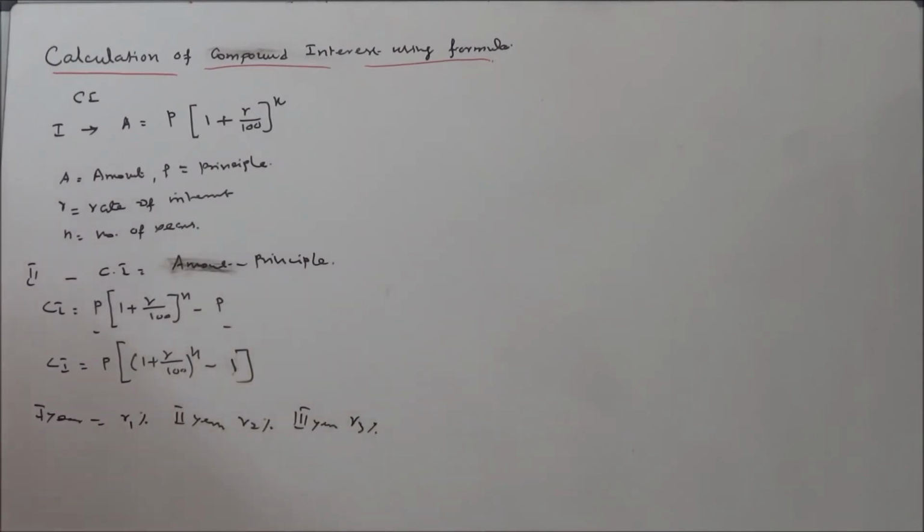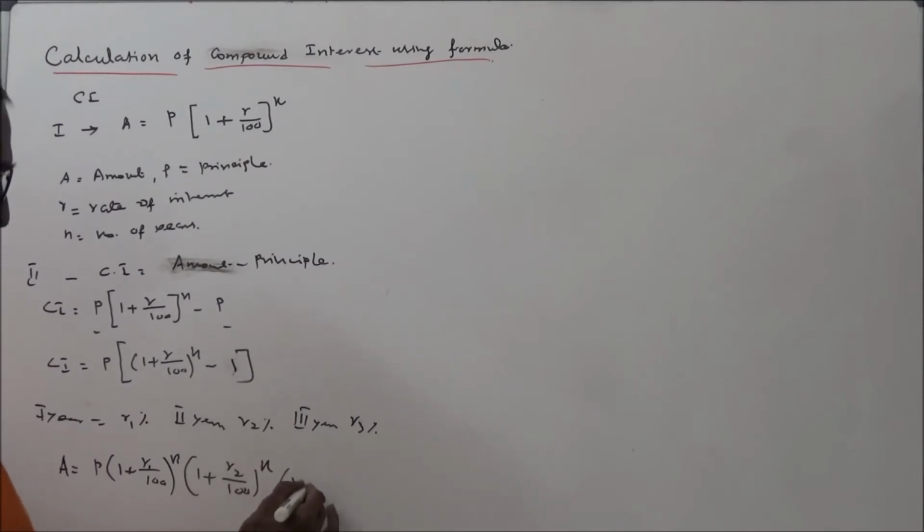How to calculate the compound interest? The amount A is equal to P into (1 plus R1 by 100) into (1 plus R2 by 100) into (1 plus R3 by 100).